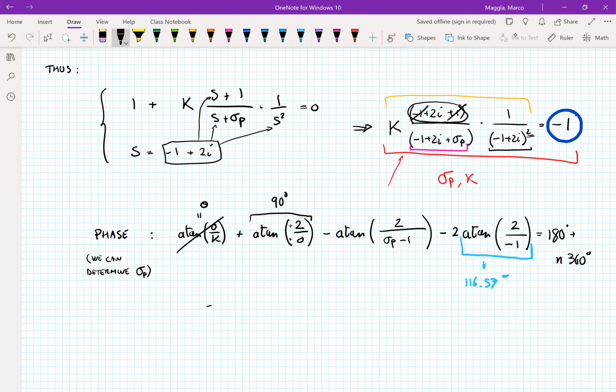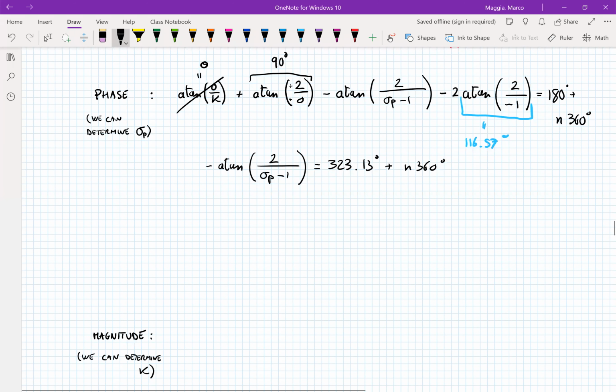So we'll leave on the left-hand side only the term containing sigma p, which is unknown. So we have minus arctangent of 2 over sigma p minus 1. That is equal to 323.13 degrees plus n 360. Now we change the sign.